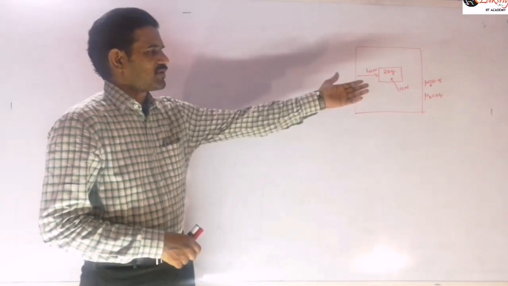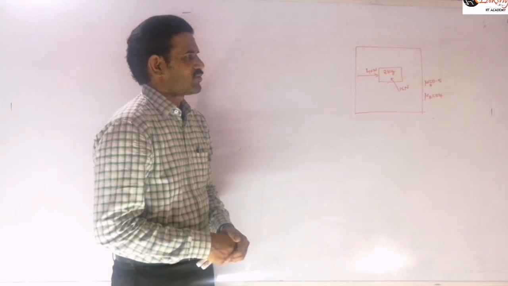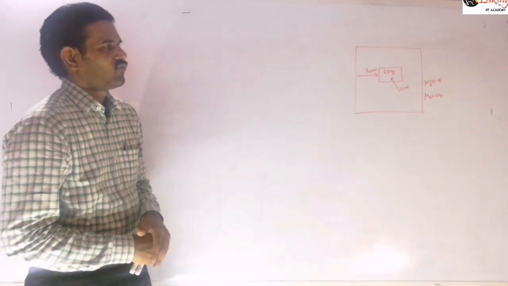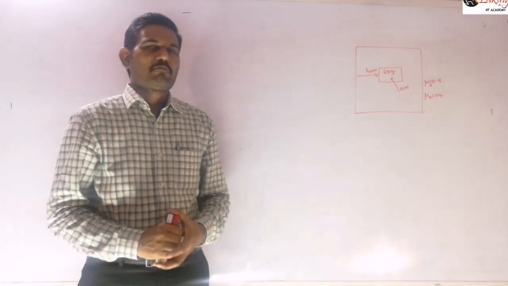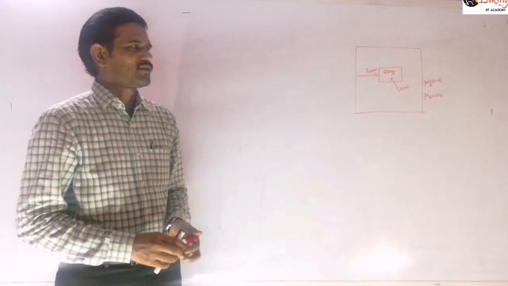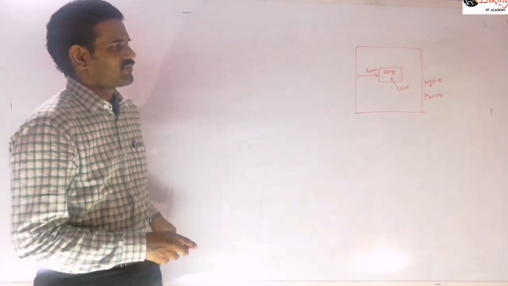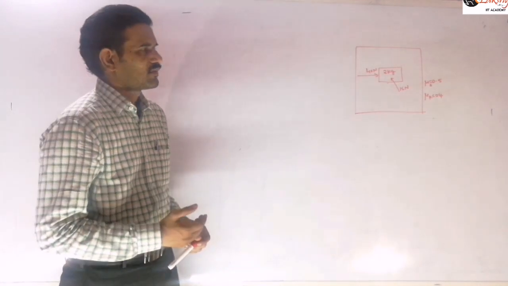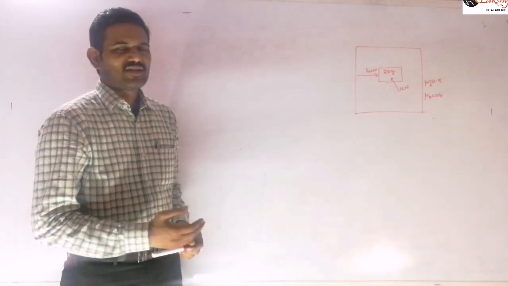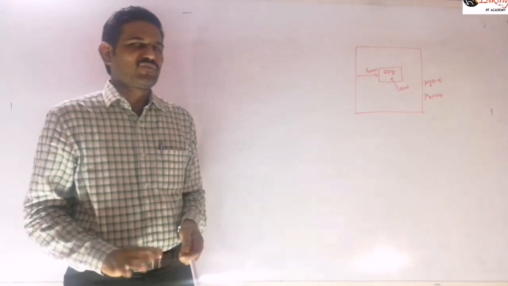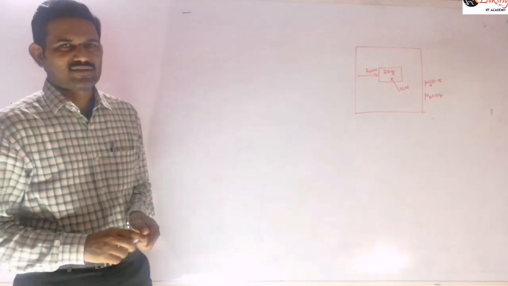In brackets mention that mu s is 0.5 and mu k is 0.4. Find the magnitude and direction of the frictional force, and also find the acceleration of the block, if any. That means if the body accelerates, we need to find the acceleration, otherwise we answer it as 0.